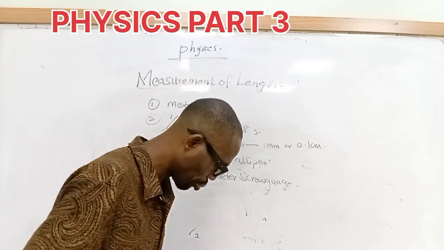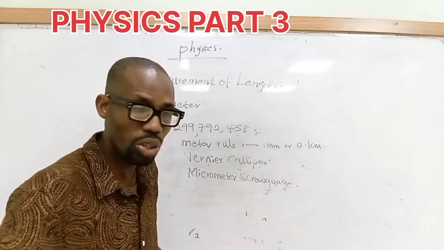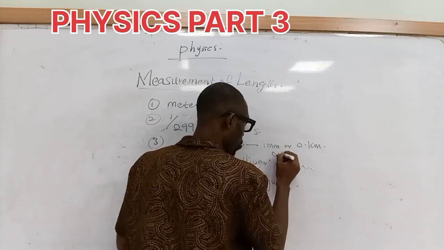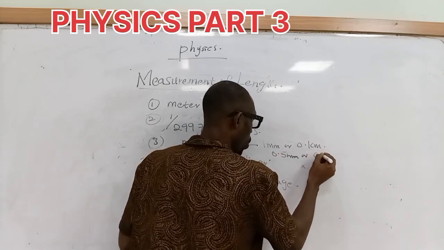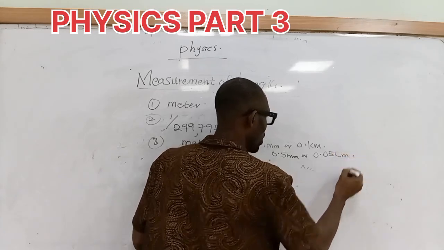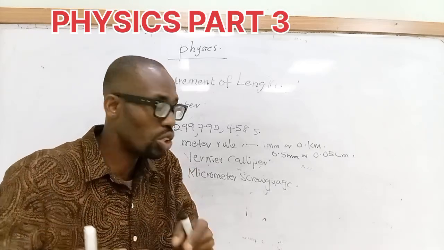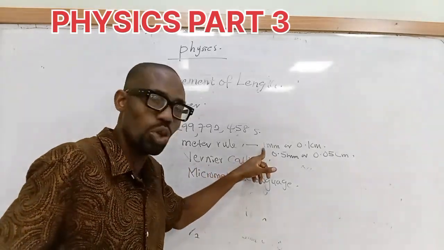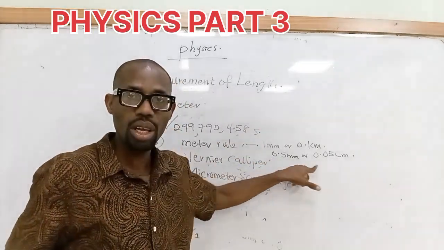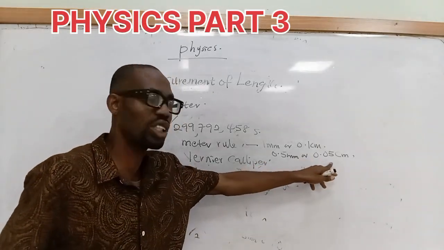The meter rule measures to an accuracy of 0.5 millimeter or 0.05 centimeter, which is half. The accuracy of the meter rule is half of the smallest division of graduation. That is what gives the number: 0.5 millimeter or 0.05 centimeter.